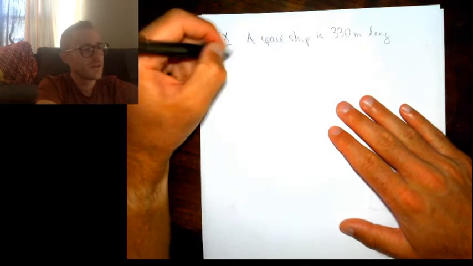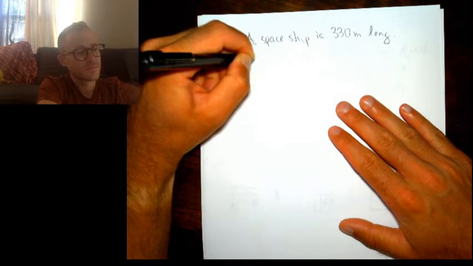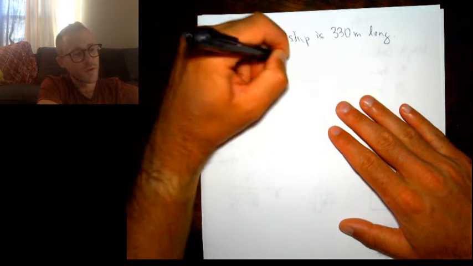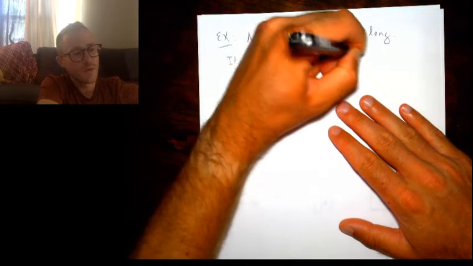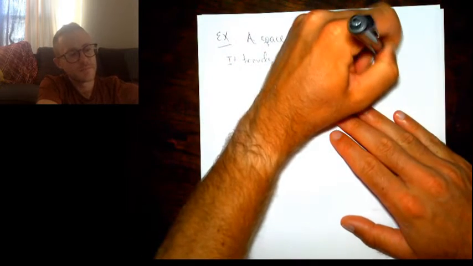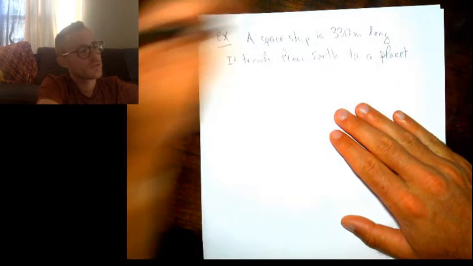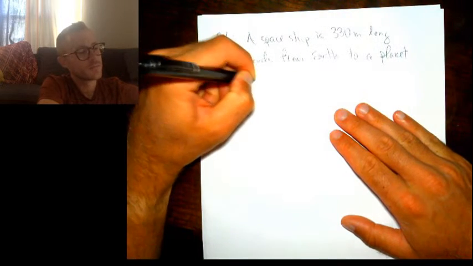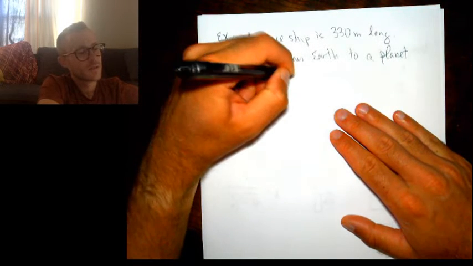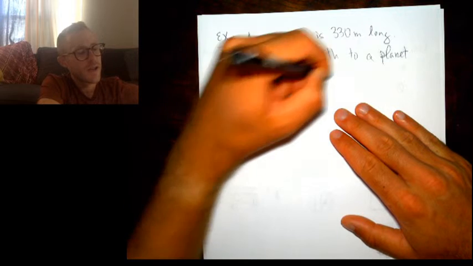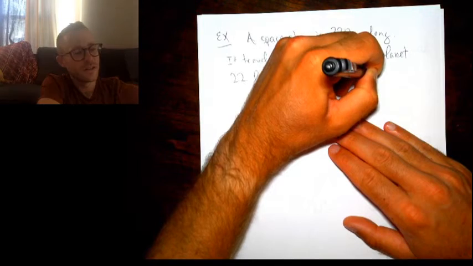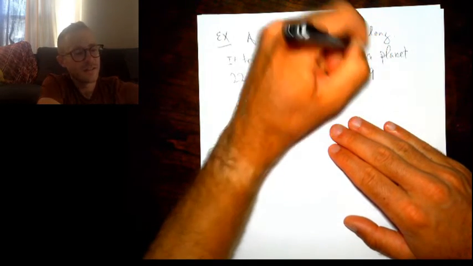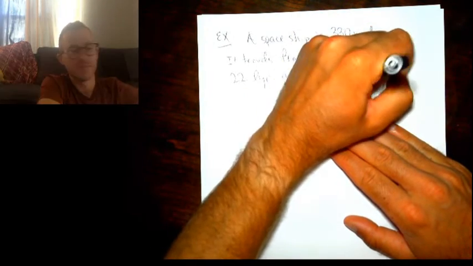It travels from Earth to a planet 22 light years away at a speed of 0.9995 c.